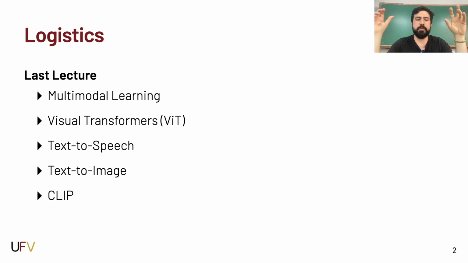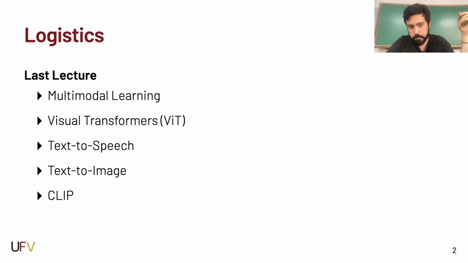Like you could do a zero-shot classifier just by having a text like an image of a dog, getting this embedding, and comparing it with the embedding of the image you're trying to classify. If that's the closest match, then you have an image of a dog.